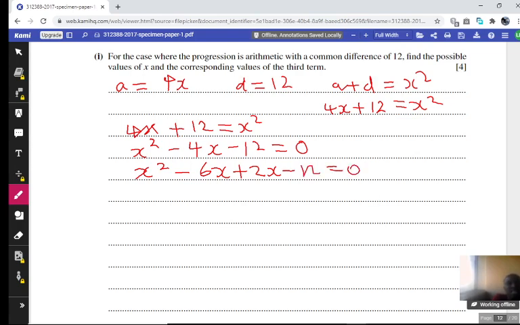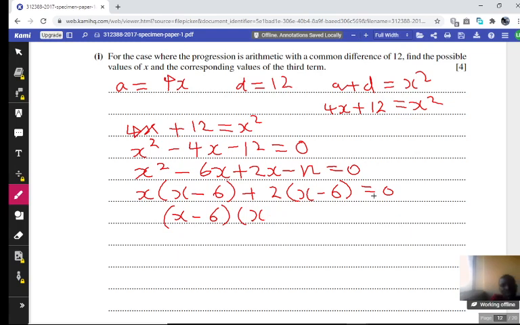is equal to 0. Then you factor out x here, you get x left with x minus 6. On this one also, you factor out 2, you are left with x minus 6 in the brackets, equal to 0. So it will be x minus 6 in the bracket times x plus 2 is equal to 0.